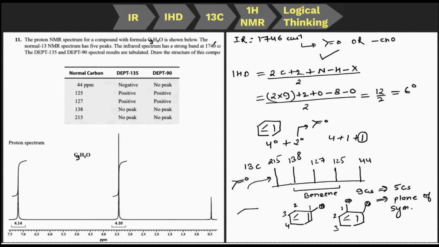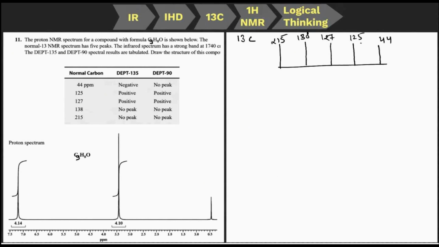If you have a para substituted benzene ring, then it is going to show just 2. So it means the benzene ring is 1,2 disubstituted, and both groups are the same. Here and here the groups are the same.